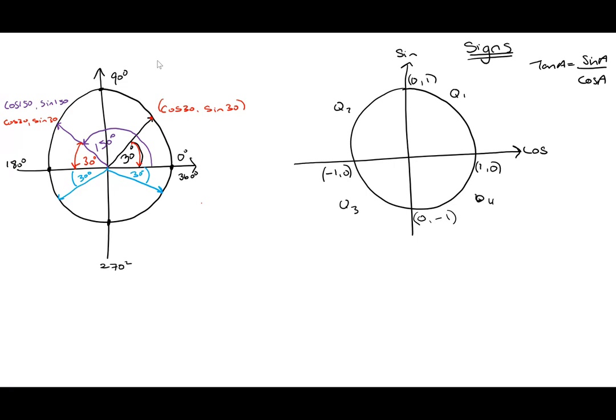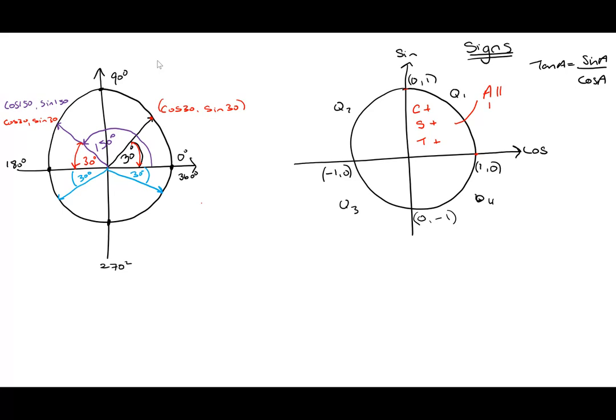In the first one, cos goes from 1 to 0. So between 1 and 0, cos is always positive. The x coordinates, if I looked at that as a coordinate grid, in the first quadrant would always be positive. Sine starts at 0 and builds its way up to 1, so every number between 0 and 1 is also positive. And given that tan A is sine divided by cos, a positive divided by a positive is also a positive. So tan is positive.